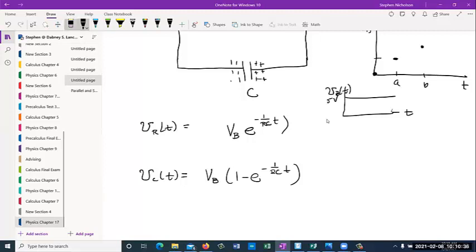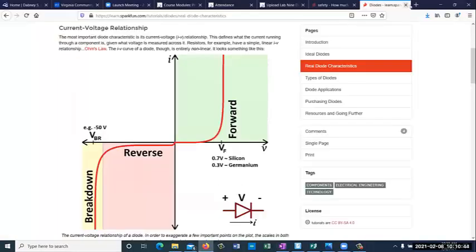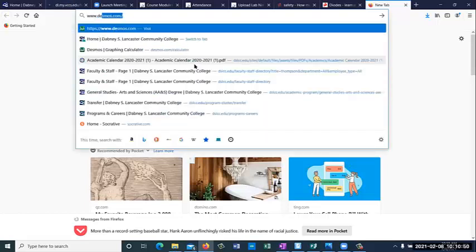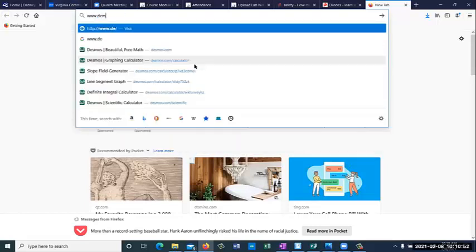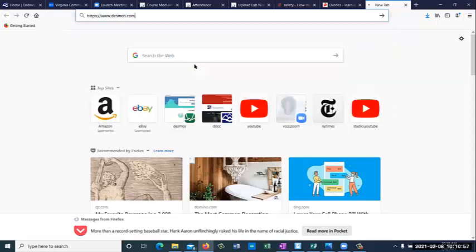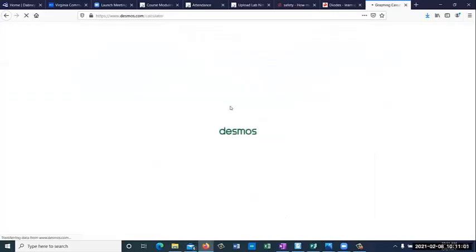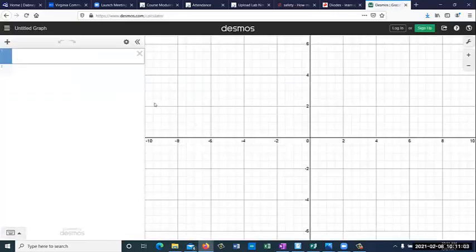And what do these functions look like? I'm going to use Desmos just to give us a general idea of the general shape of these kinds of functions. Even people who haven't taken calculus before, you don't have to worry about the derivation.